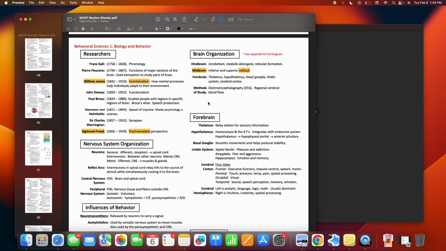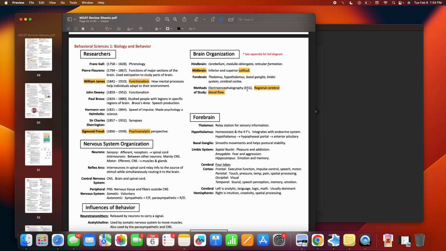The methods of study are EEG, electroencephalography, and regional cerebral blood flow. You measure the regional cerebral blood flow. So you do measure blood flow in the cerebral regions.